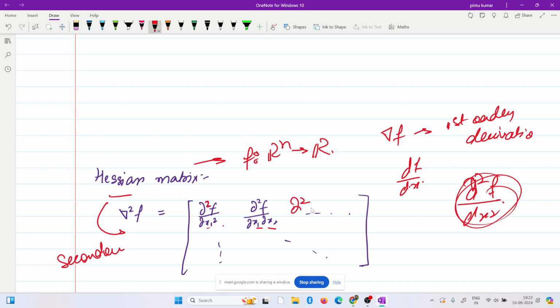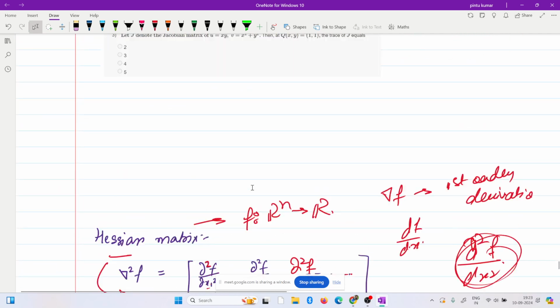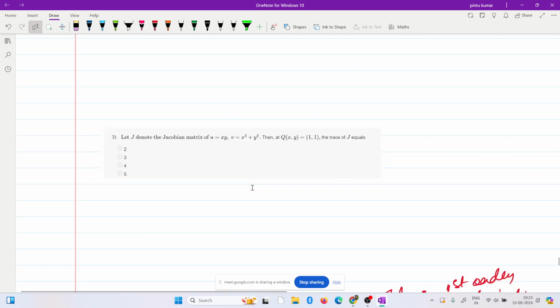So these are all second derivatives. This would be x1, x3, and so on. This entry would be del square f, first with respect to x2, then with respect to x1, and so on. You complete this matrix of second derivatives, and this matrix is called the Hessian matrix. Let's look at the examples that I have.